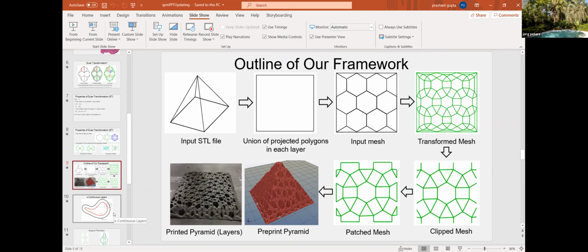Ergun? Yeah, actually, I agree with you. In addition to Doo-Sabin, there is also the dual of the simplest, and it can give an even simpler structure. I tried it. It's not for 3D printing, but it's also useful to create fabric structures, because they come from the same idea.